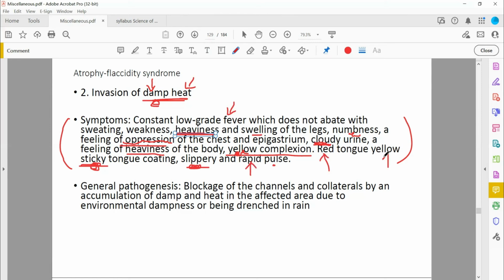Yellow coating: if the coating is yellow, that's the heat. If the complexion is yellow, dampness. Okay, so from here, dampness and heat. So the syndrome will be damp heat.